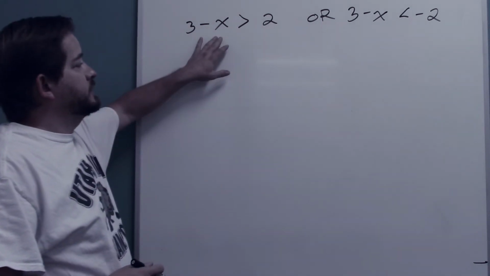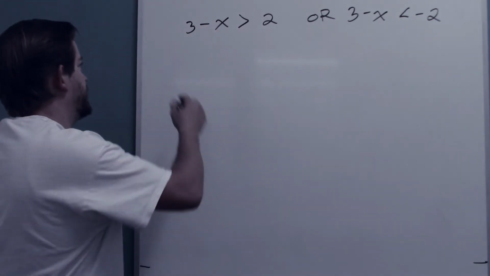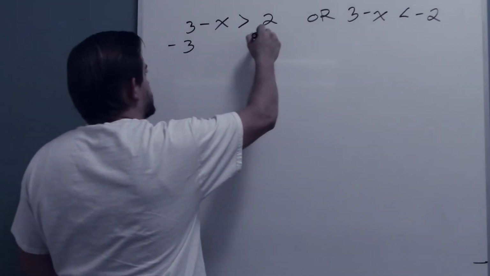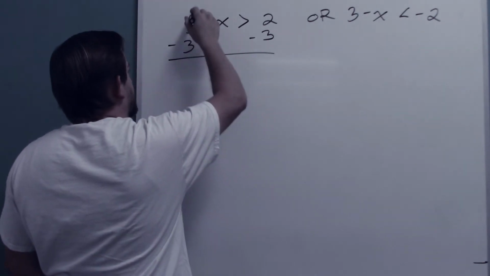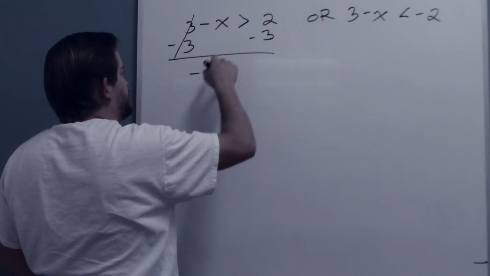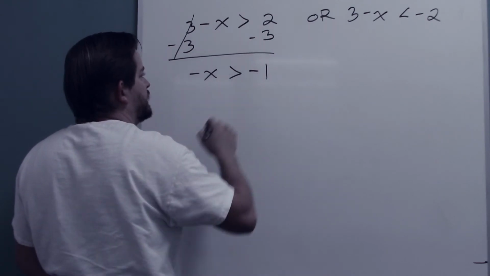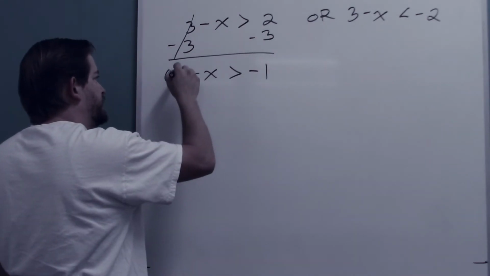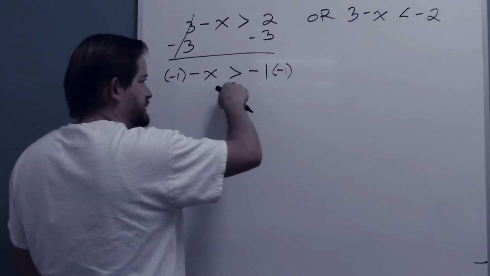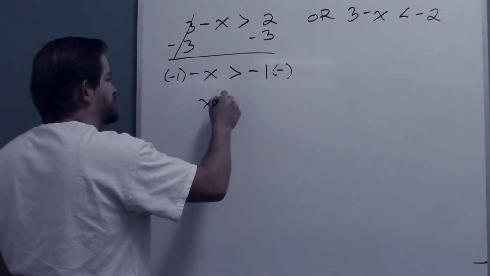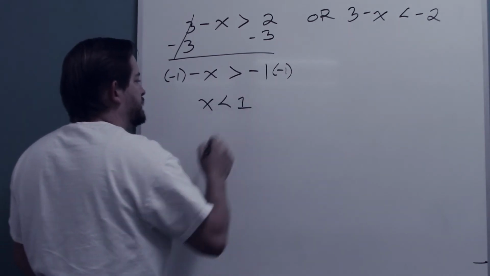Now each of these I'll just solve for x, right? I'll start by subtracting 3 on both sides here. That gives me -x on the left is greater than -3 and 2 is -1. Multiplying both sides by -1 means that I have to switch this symbol. So that is to say x is less than 1.